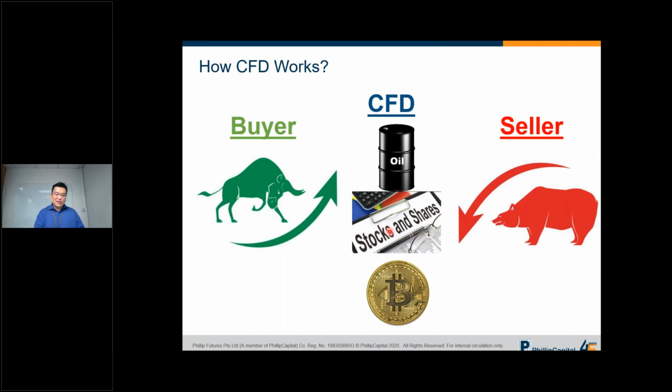And of course, in the US, JP Morgan. And not just the bank shares, but any other shares that are provided by Phillip Futures are available on this. You can do so by doing CFD trading. And also, we do have cryptocurrency CFD as well.